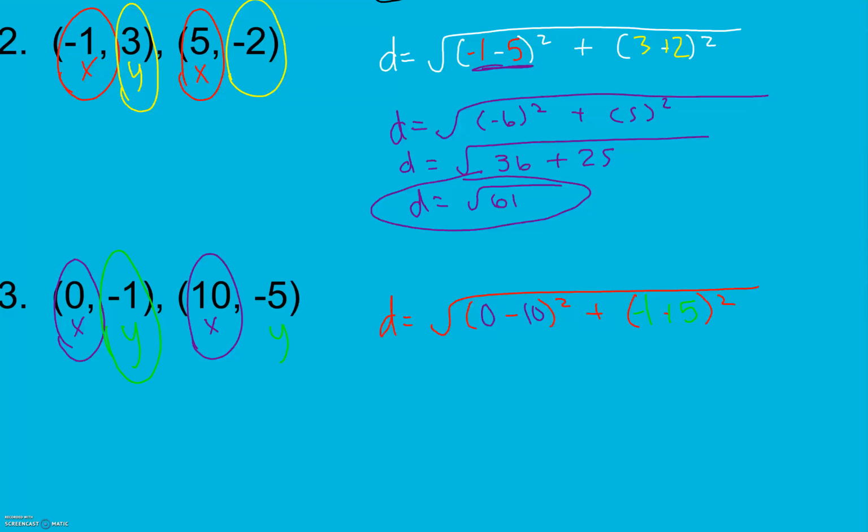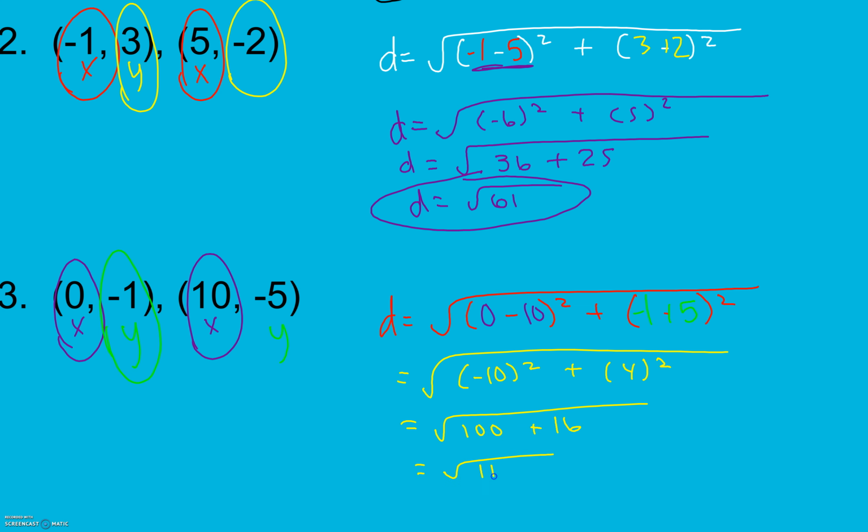And when we subtract a negative, we add. 0 minus 10 is -10 squared. -1 plus 5 is 4 squared. -10 squared is positive 100. 4 squared is 16. So we get the square root of 116.